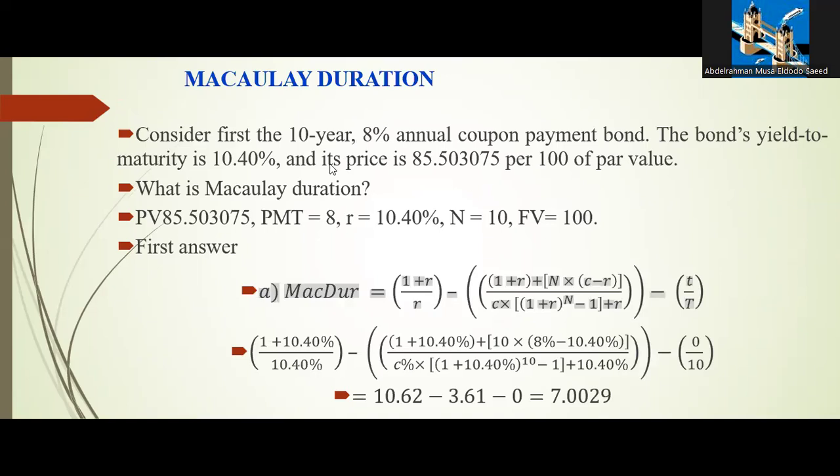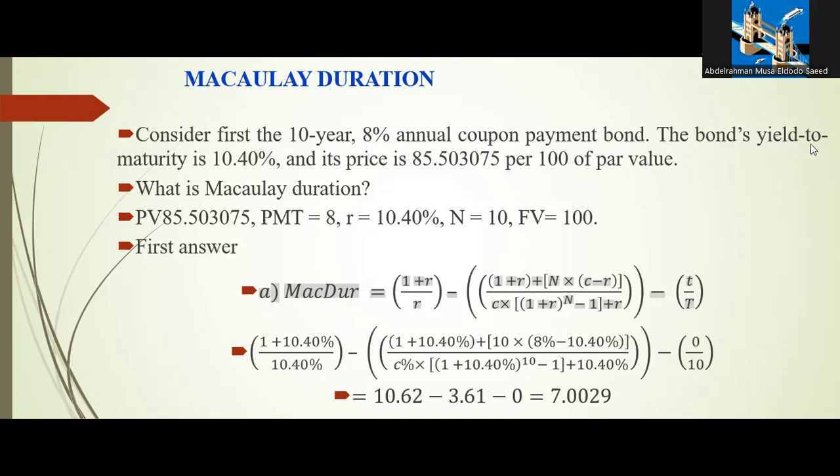Okay, this is also another example. They say consider a 10 year annual coupon payment bond.